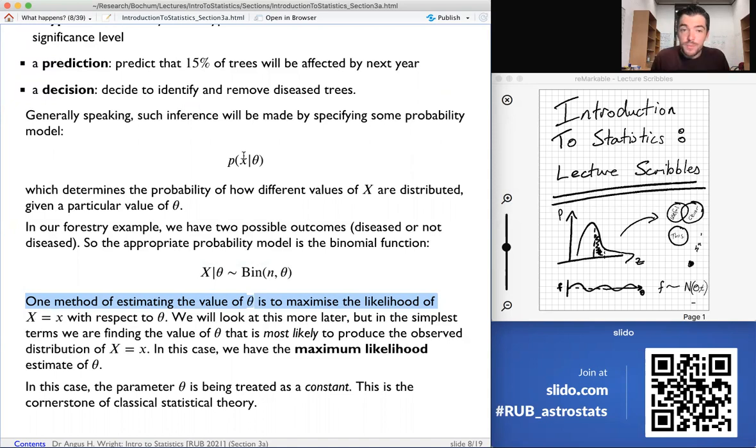Similarly, though, it's difficult to tell the difference between observing no diseased trees and theta being non-zero but very, very small.